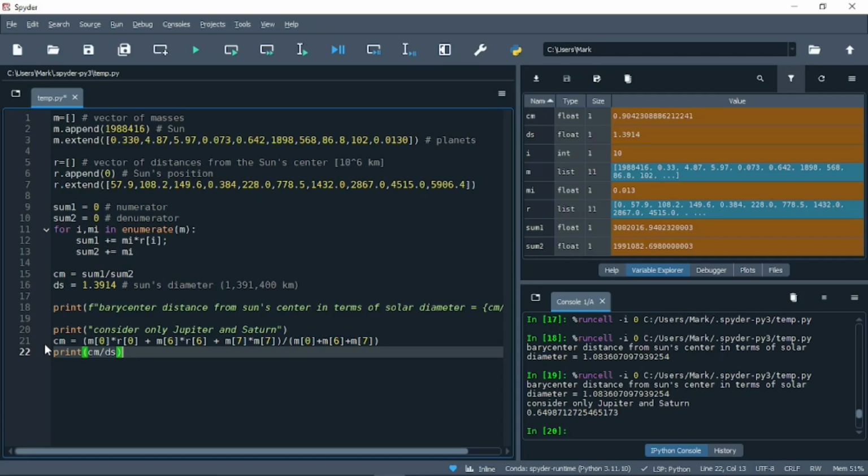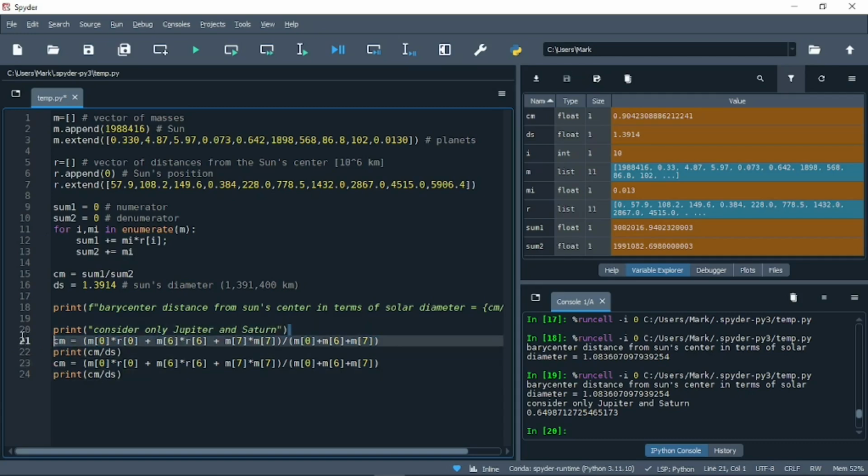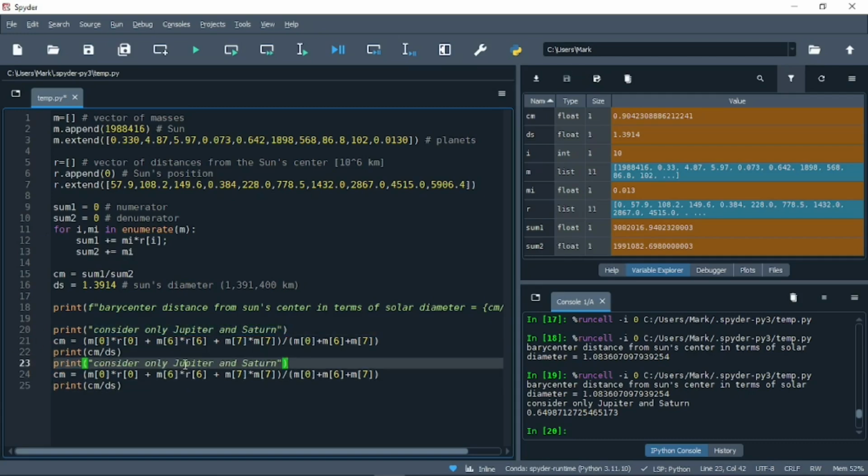If we consider also Neptune, okay, we have to sum also for... oh, well, actually we have an error here.